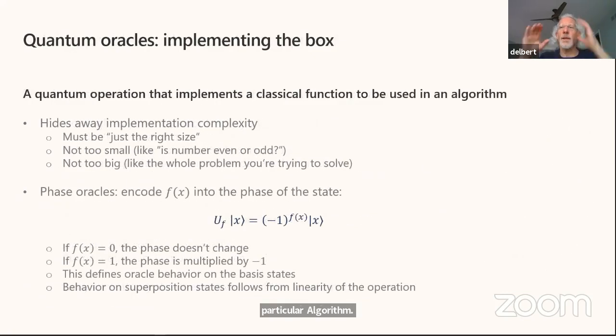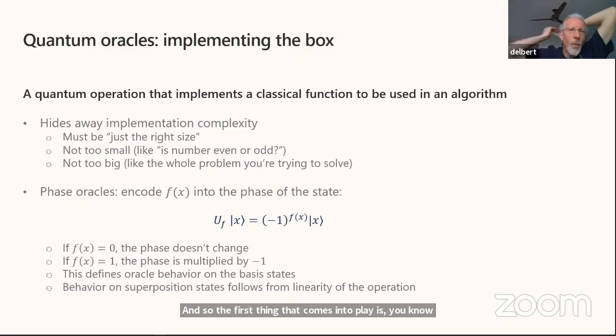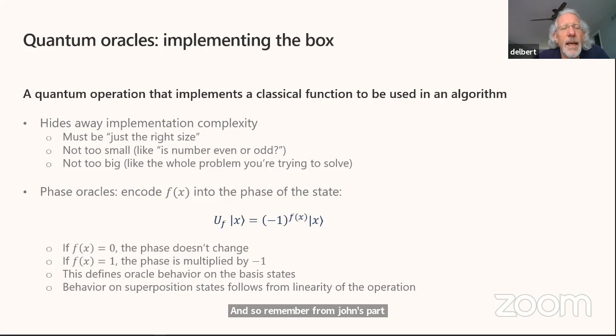And so the first thing that comes into play is, what is this quantum oracle? How does it work? Remember from John's part of the talk that any quantum operation has to be reversible. And we saw the constant 0 and constant 1 are not reversible.